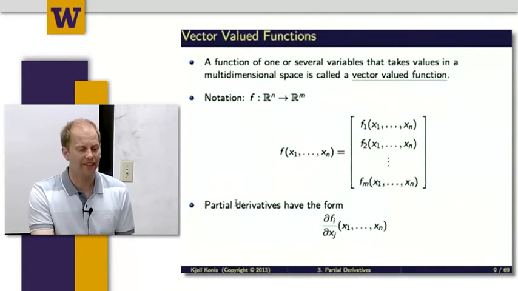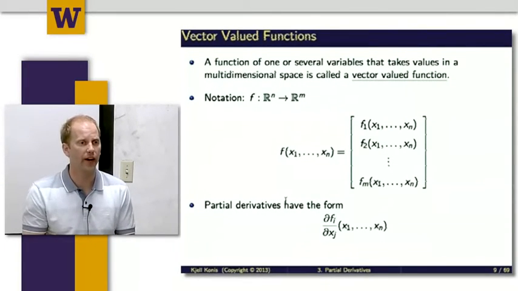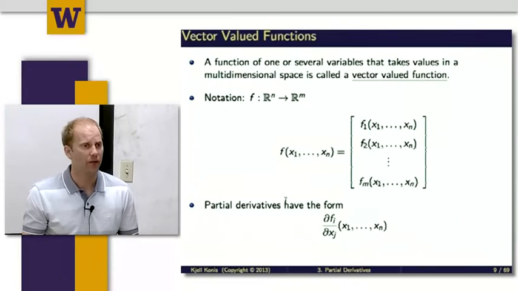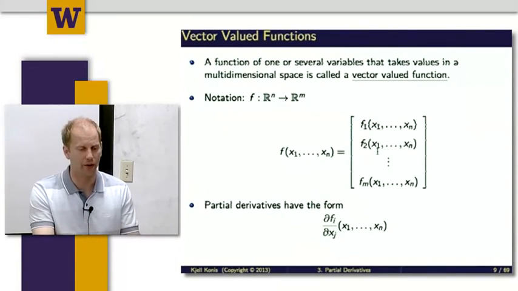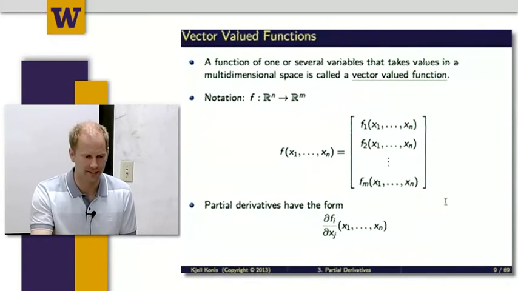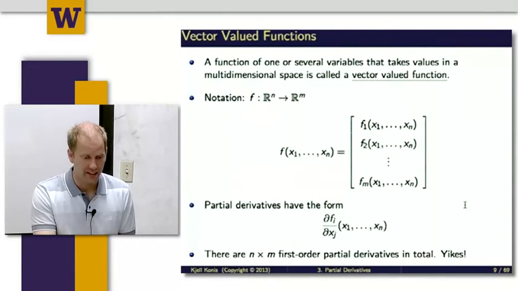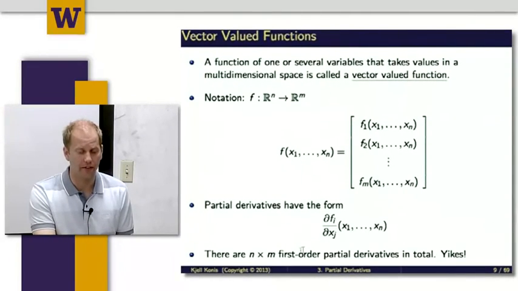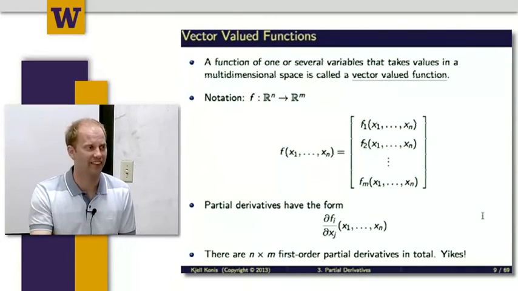And so in this case, when we try and make the gradient, we're going to have, instead of just an array that only has one row, one row with n columns for each element of the output. So now my gradient is going to end up being an array with m rows and n columns. So there are m times n first-order partial derivatives, which is a lot to work with.